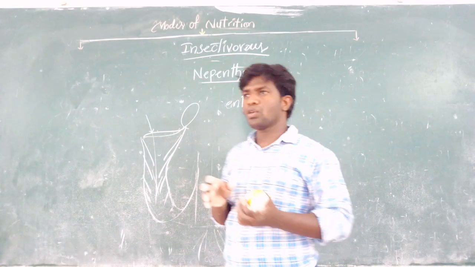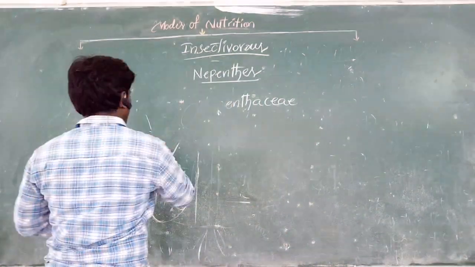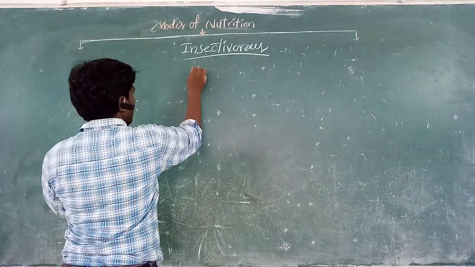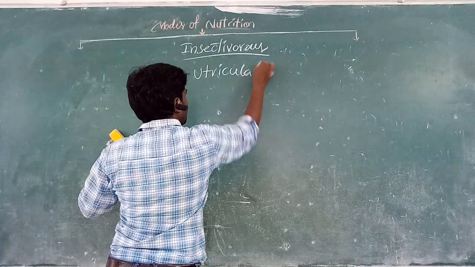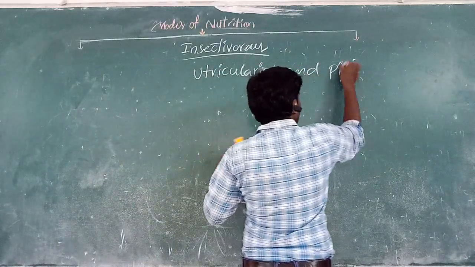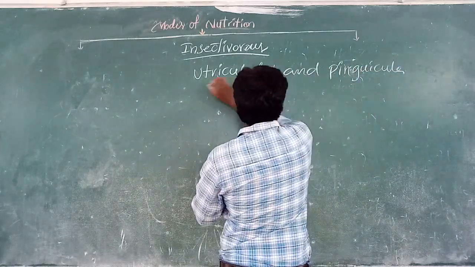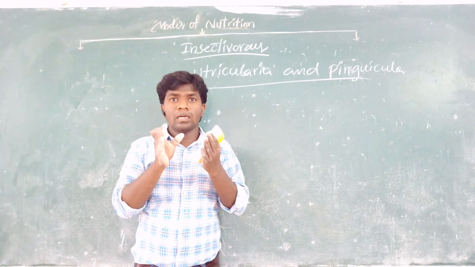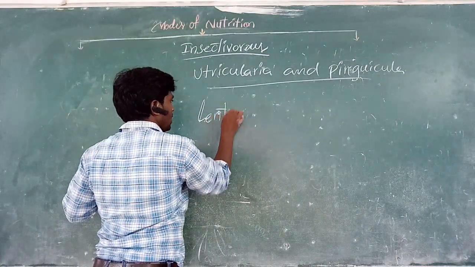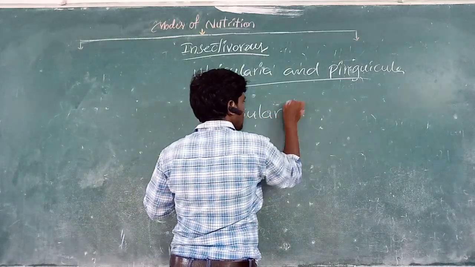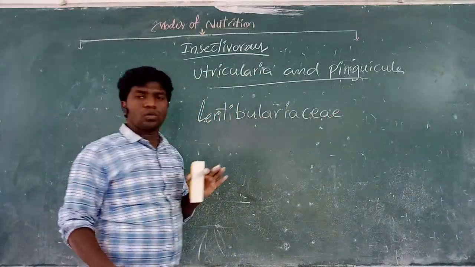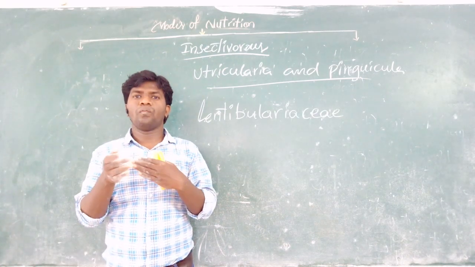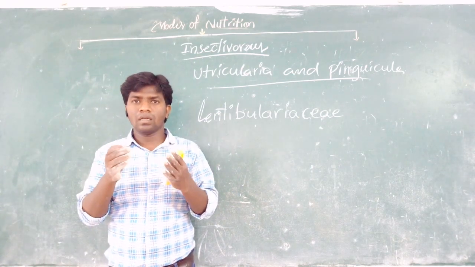And next, Utricularia or Pinguicula. Utricularia and Pinguicula belong to one family, Lentibulariaceae. The bladderworts, or Utricularia, generally grow in freshwater, wetlands, and waterlogged areas.